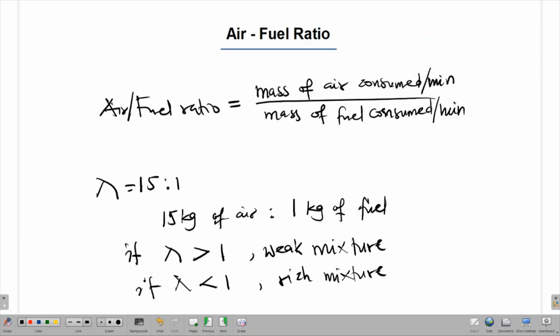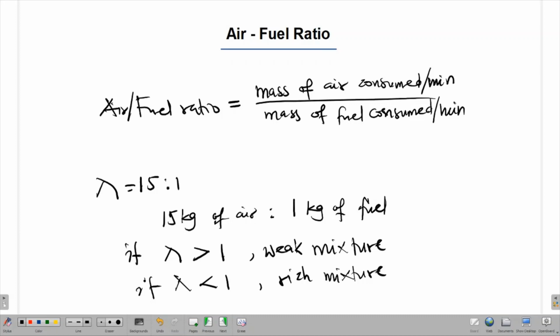On the other hand, if less than 15 kilograms of air are supplied to 1 kilogram of petrol, the mixture is said to be rich, resulting in incomplete combustion of the fuel. Consequently, not all the carbon contained in petrol will burn to carbon dioxide, and therefore some carbon monoxide will occur in the exhaust.